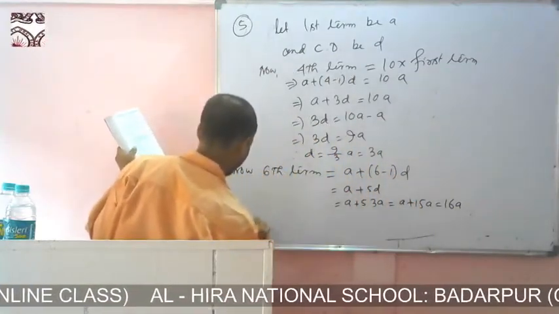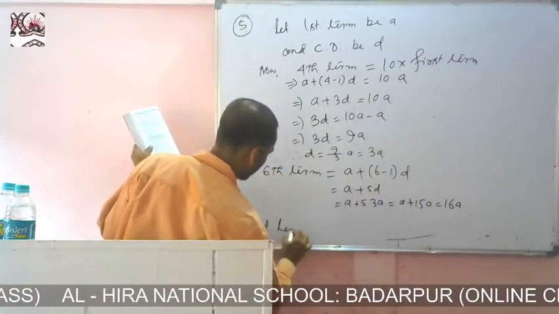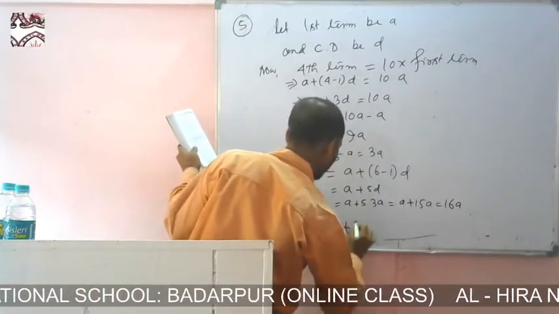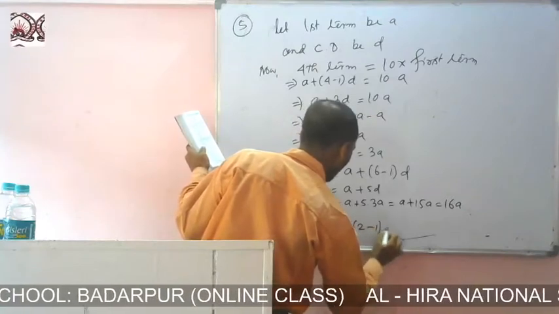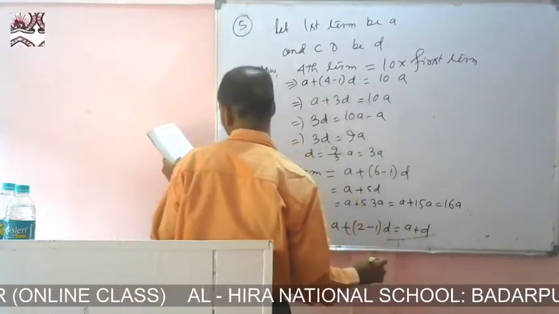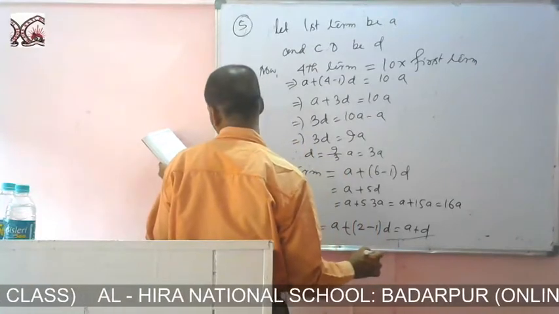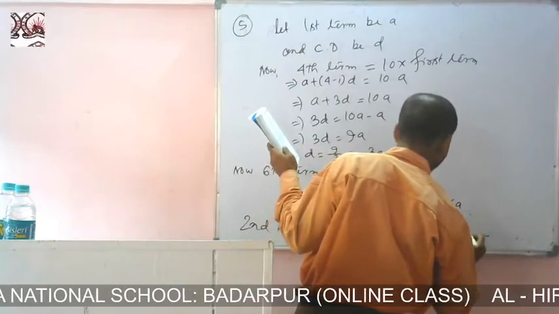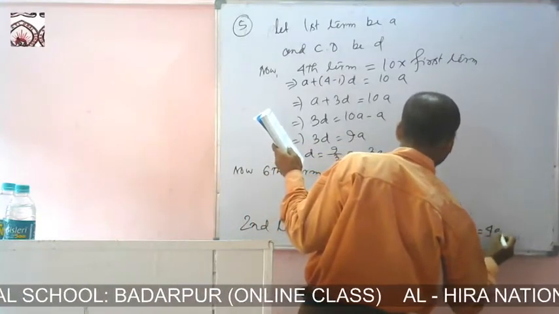And the second term is equal to A plus 2 minus 1 into D, which is A plus D, and with D equal to thrice A, it is equal to 4A.